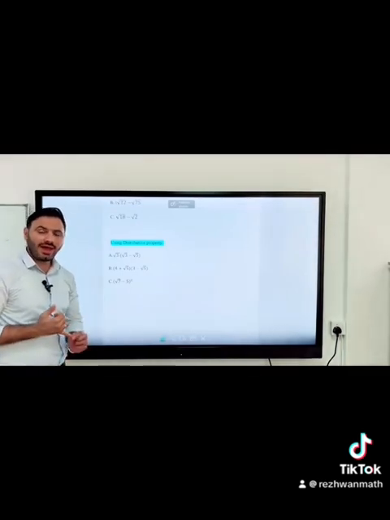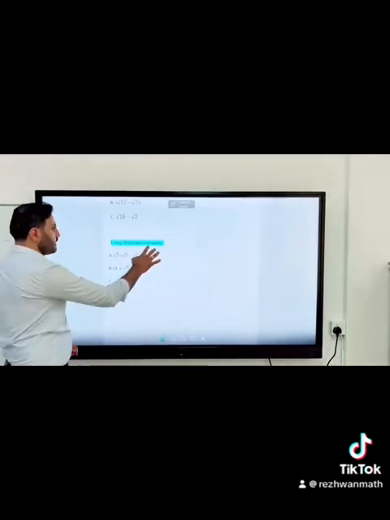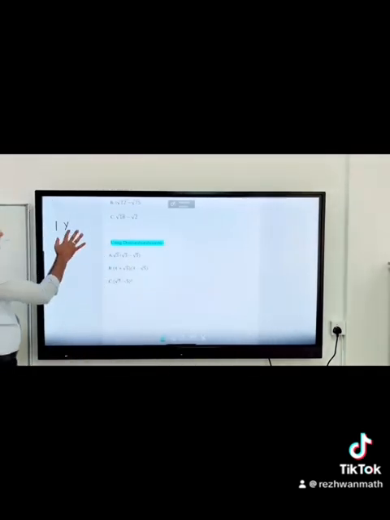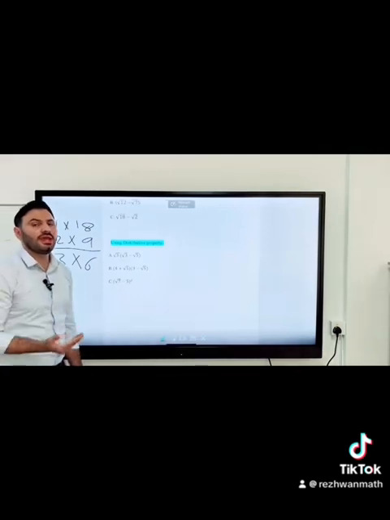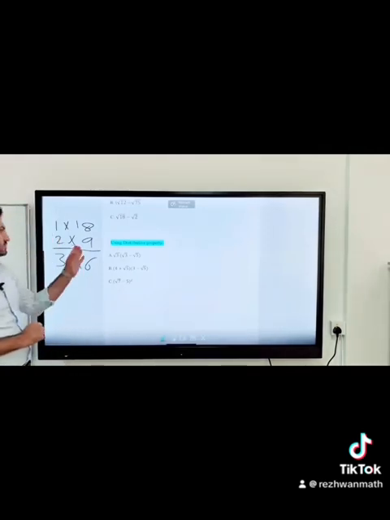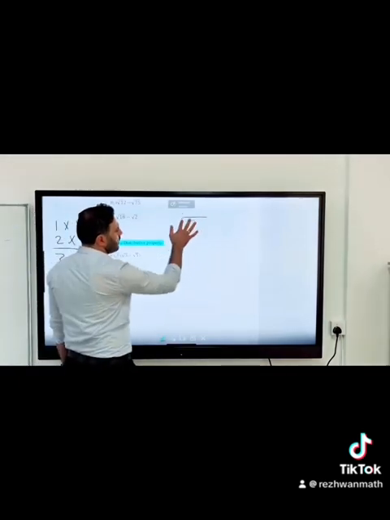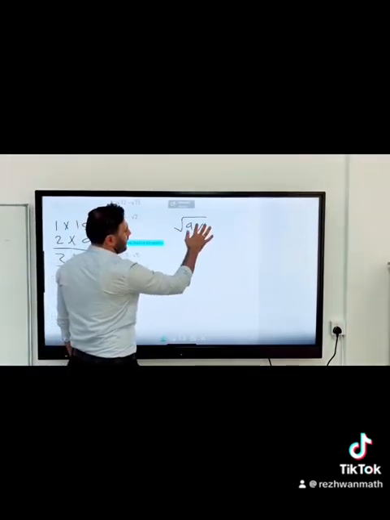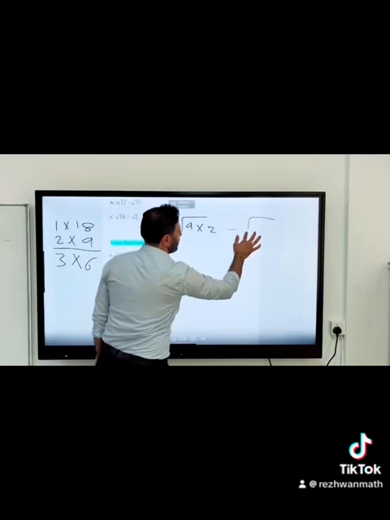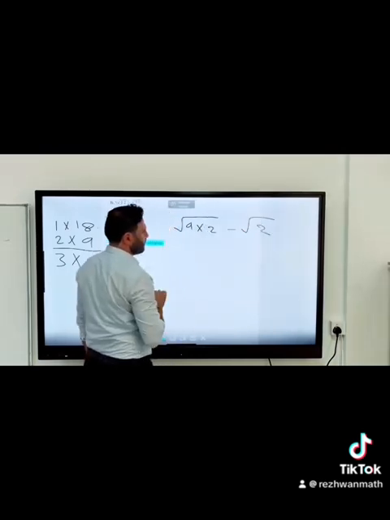We have 1 times 18, and 2 times 9, and 3 times 6. Okay, which one is a perfect square? We can see 9 times 2, we get 18, and 9 is a perfect square. So we have to choose 9 times 2. So square root of 9 times 2 minus square root 2.